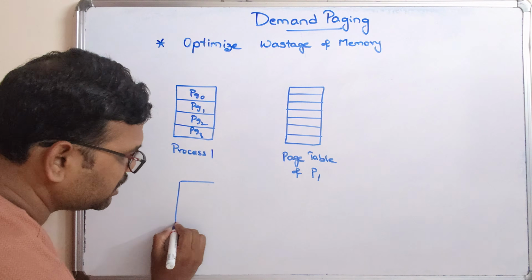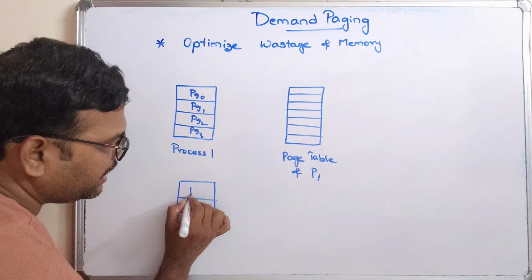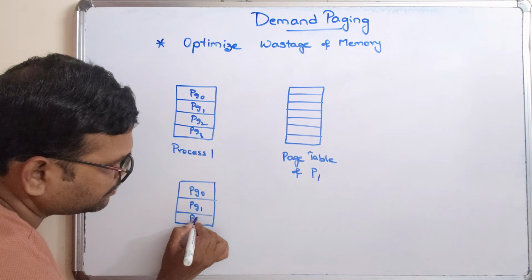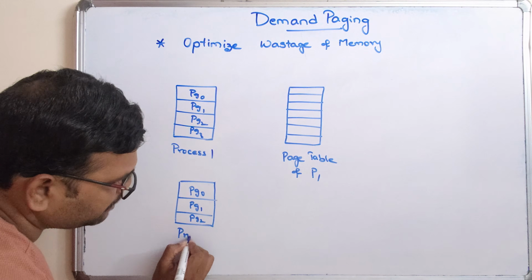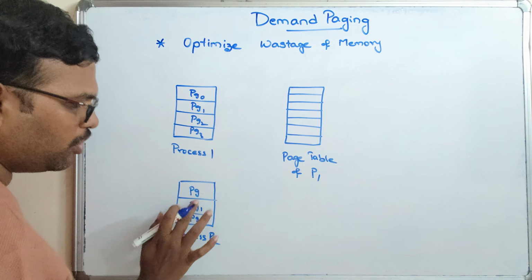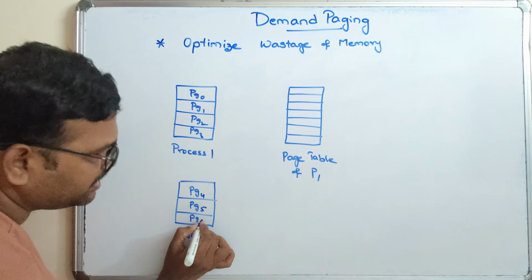Similarly, let us take one more process, which has 3 pages. This is process P2. In order to avoid confusion, let us take these as page 4, 5 and 6.